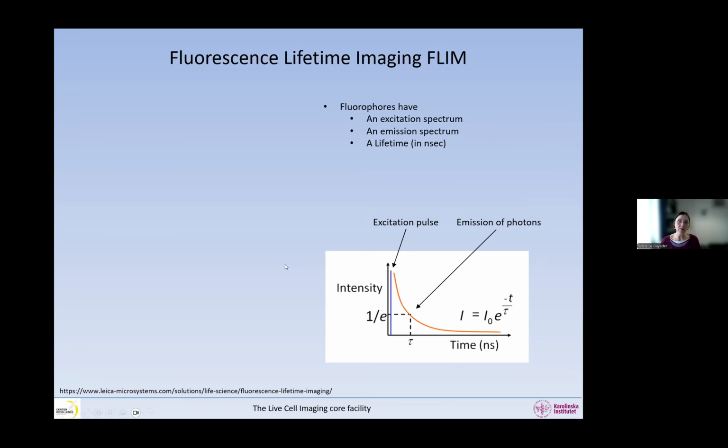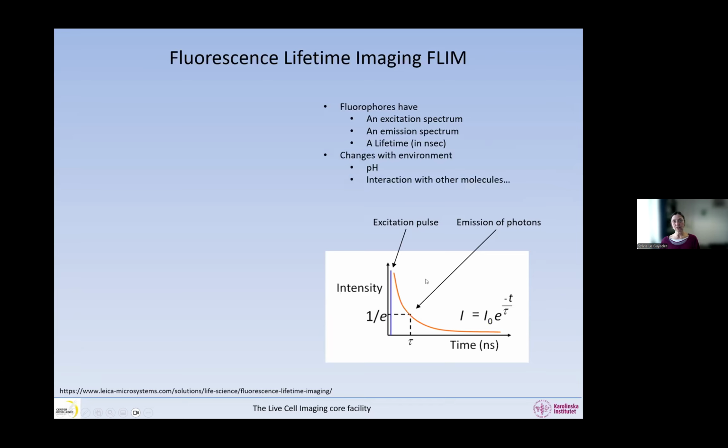We can use special detectors to measure very precisely how fast the fluorophores stop fluorescing after the pulse of light, and the decay curve gives the lifetime of the fluorophore. So you can calculate the lifetime in nanoseconds with this calculation.